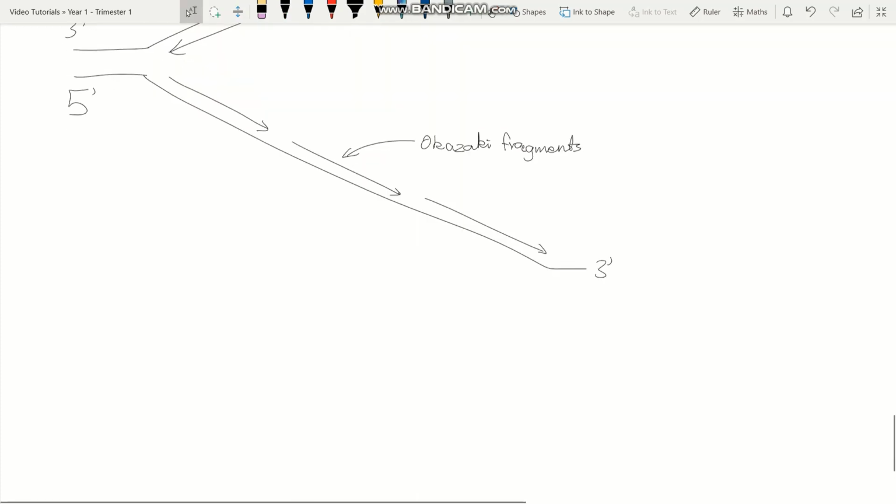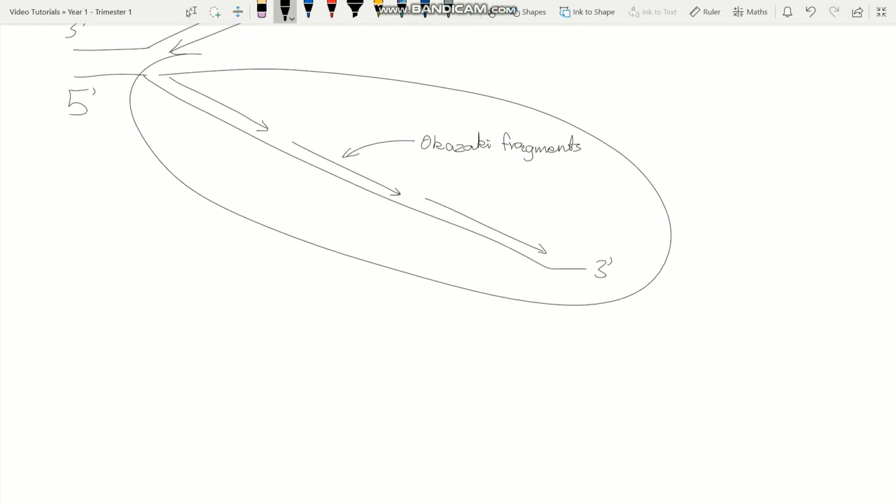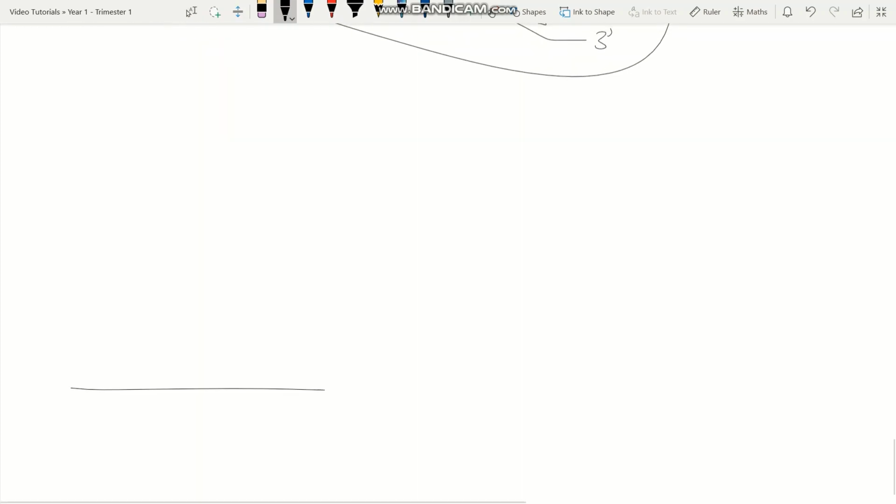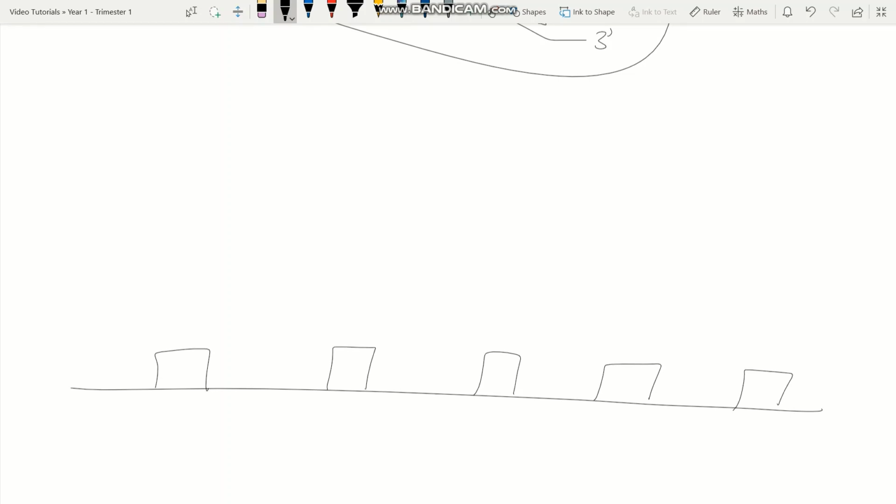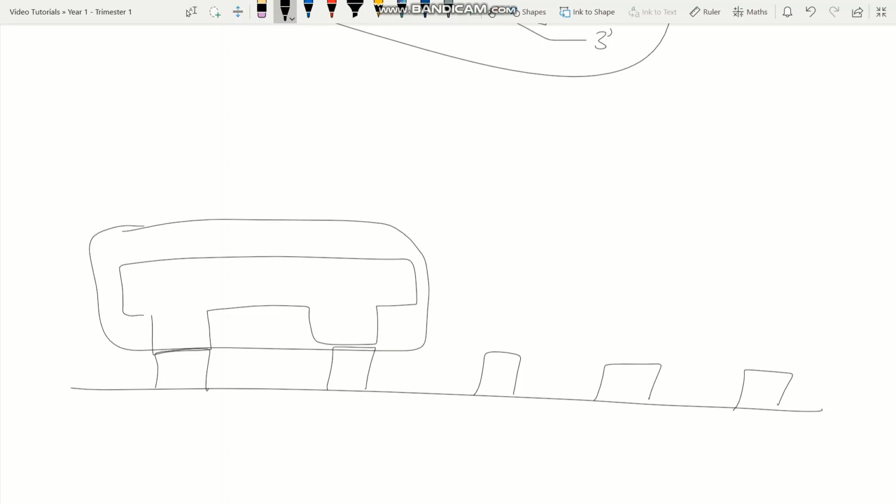Now, if we zoom in a little closer to this strand, we will actually see that the nucleotide bases first follow the same process, in that for about 10 nucleotides, an RNA primer is added. Then, the DNA polymerase enzyme binds and works in a 5' to 3' direction.